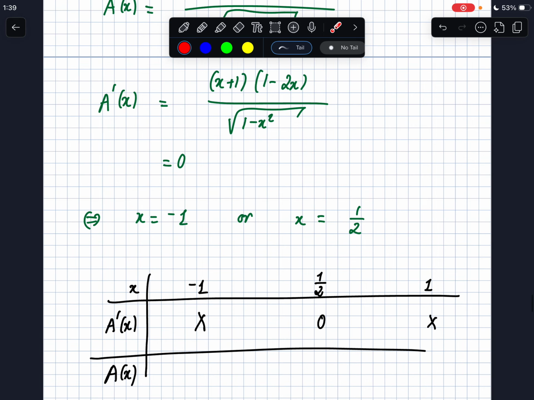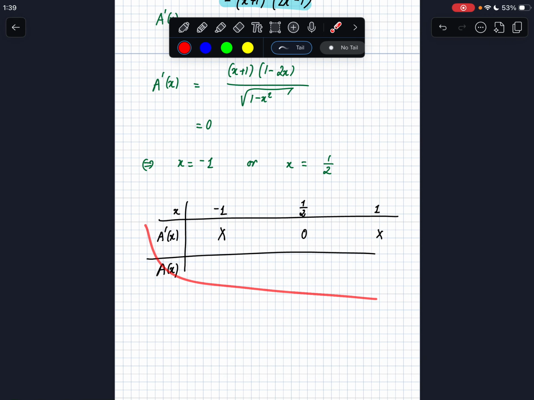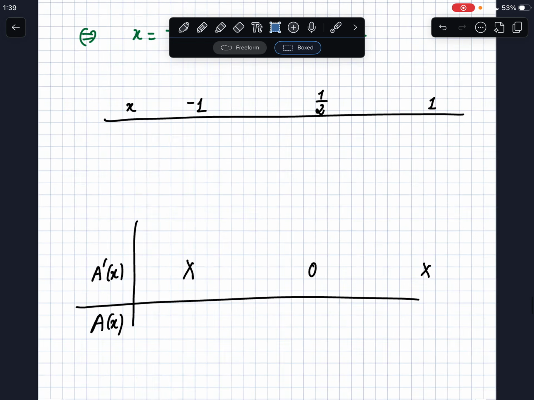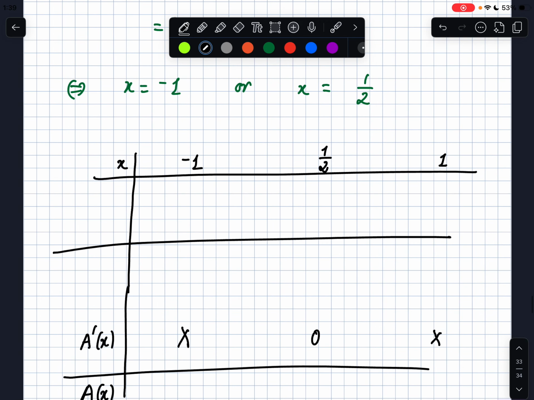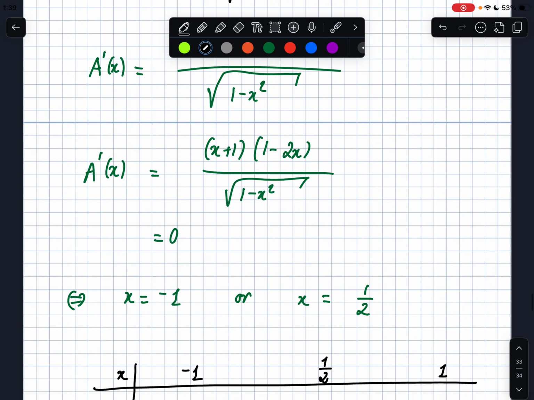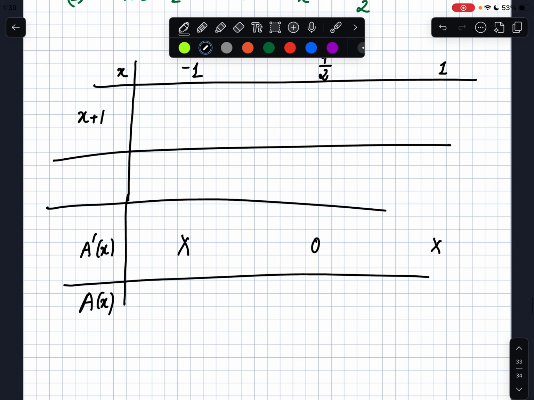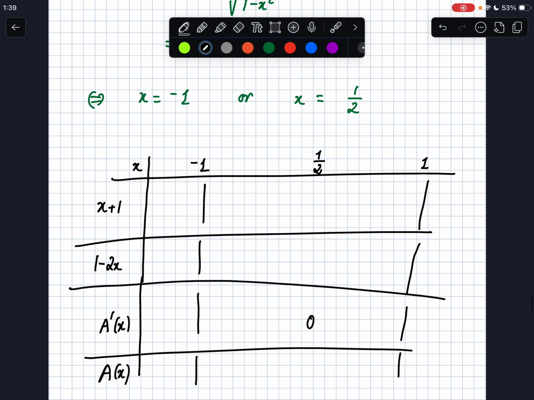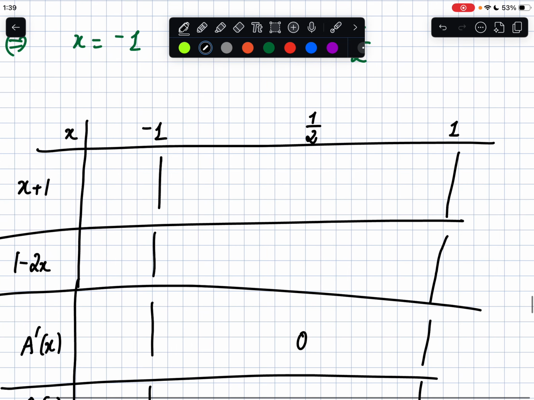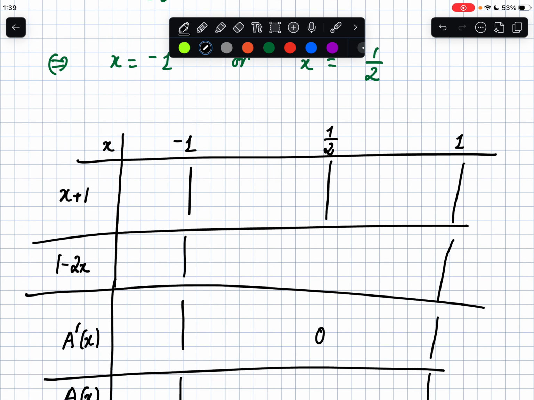So let me write the two terms: x plus 1 and 1 minus 2x. We don't do anything with this boring one. This one is 0 here.